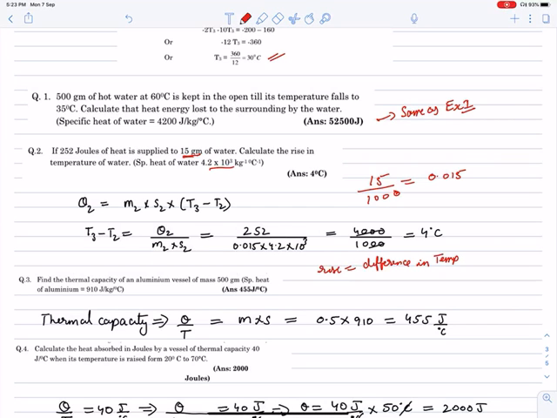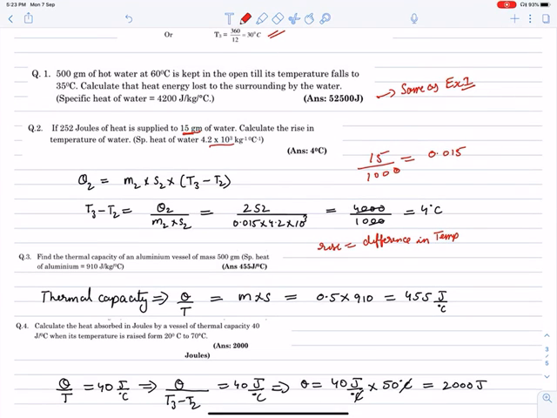Now the thermal capacity of an aluminium vessel of mass 500 gram. Thermal capacity is defined as Q by T. It is again your master formula, Q is equal to M into S into T, but here it is thermal capacity.